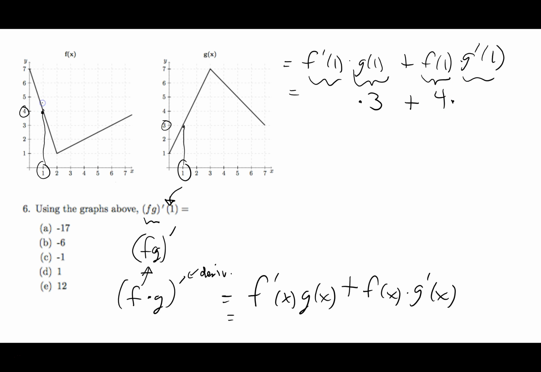So what is the rise over run at 1 on f? Find a corner point and go down and over. This is down 3 and over 1. So that's a negative 3. In g, find a corner point, find another corner point, go up 2 and over 1.